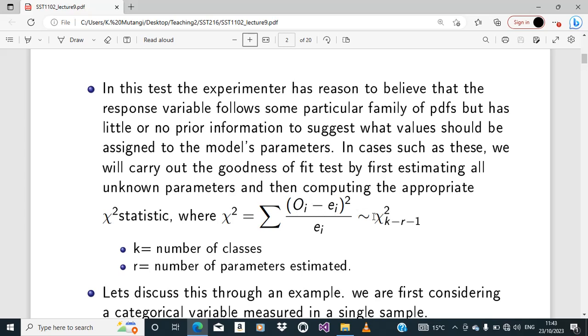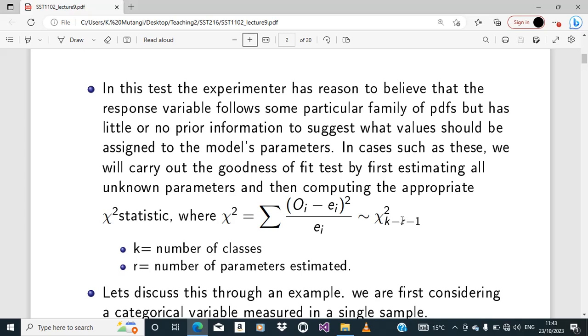The distribution is chi-squared with K minus R minus 1 degrees of freedom. Here K refers to the number of classes under consideration, and R is referring to the number of parameters estimated.